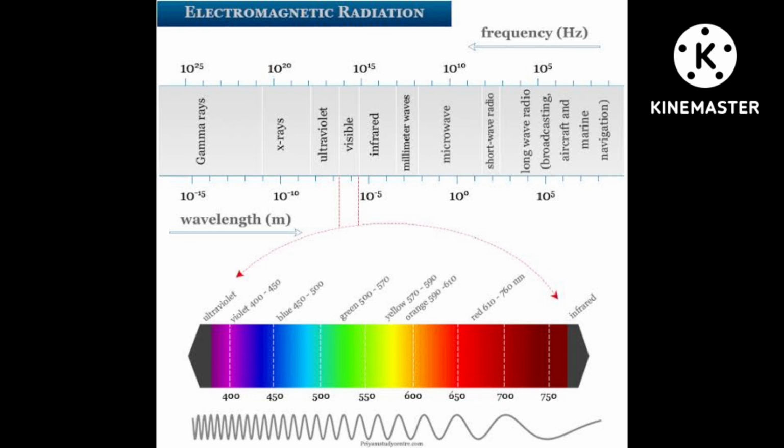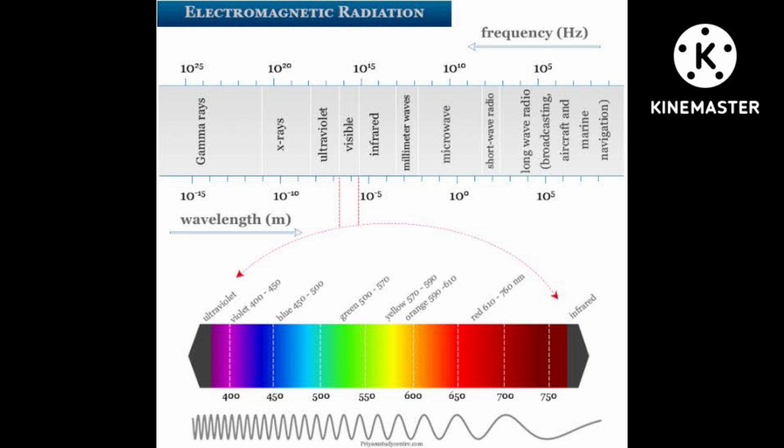Lambda is very easy, the wavelength is already given as 5800 angstrom. Lambda is equal to 5800 angstrom. Angstrom means capital A with a subscript 0 written above. Then lambda is equal to 5800 angstrom, which you convert into centimeter.